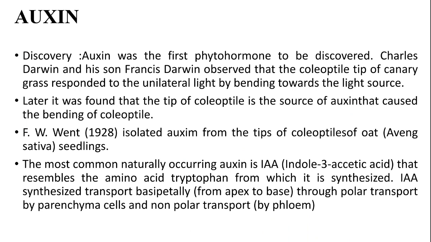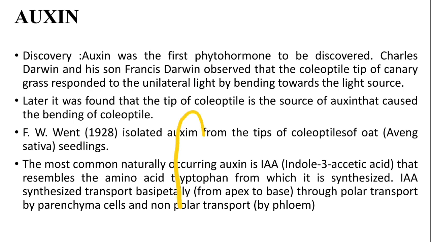Then the first one is auxin, which is a plant growth promoter. At first, the discovery: auxin was the first phytohormone to be discovered. Charles Darwin and his son Francis Darwin observed that the tip of the coleoptile of canary grass responded to unilateral light by bending towards the light source.